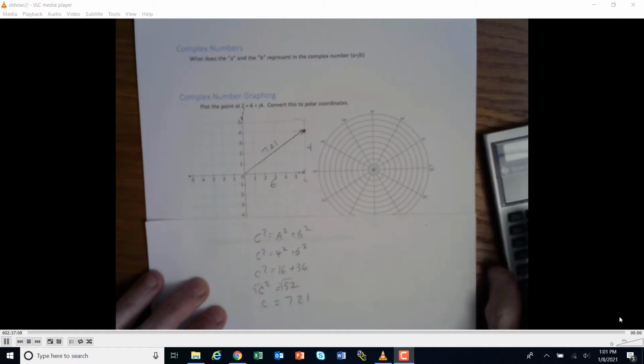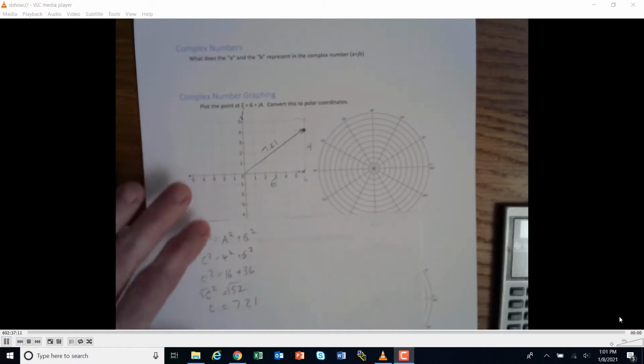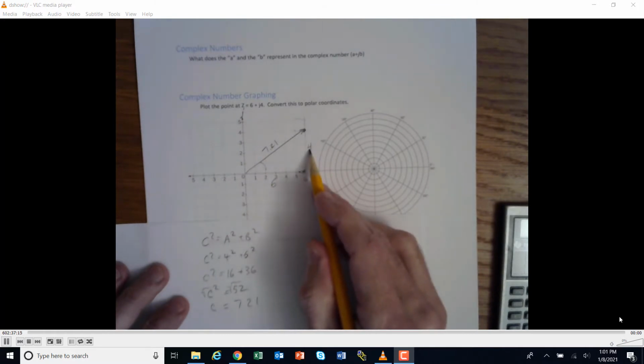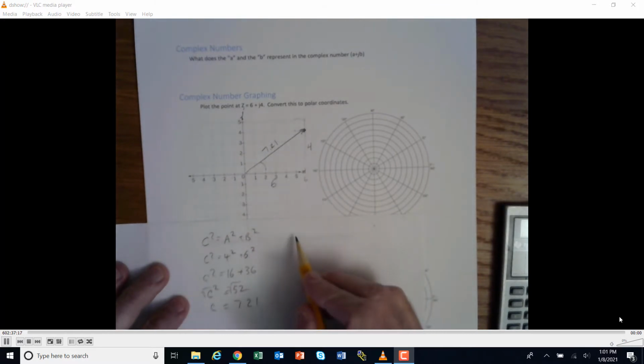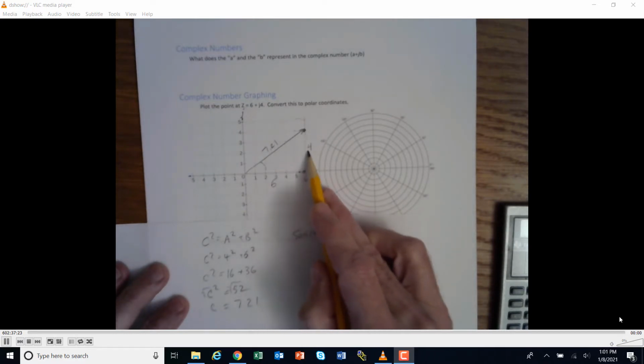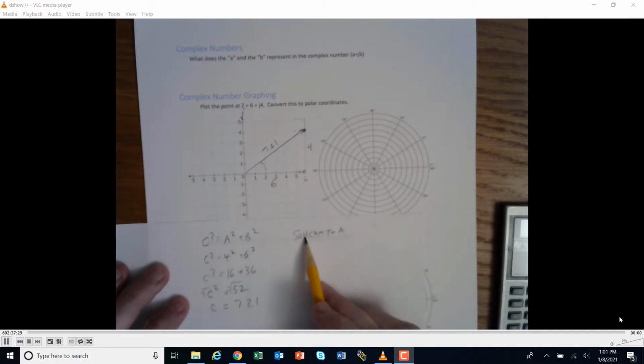And so what do we need to do for that? Well, we need this angle right here. And we have the opposite side and the adjacent side. So if you look at SOHCAHTOA, we're dealing with the opposite and the adjacent. We're not working with the hypotenuse. No, we're looking at TOA, which is tan.